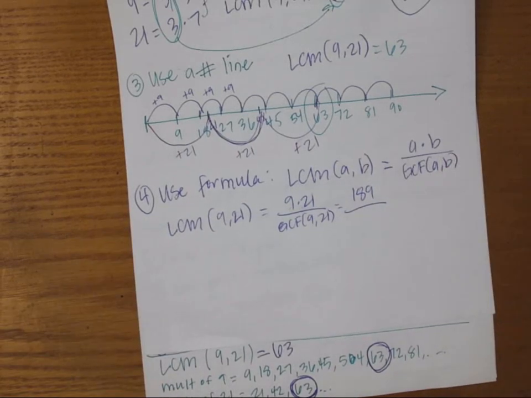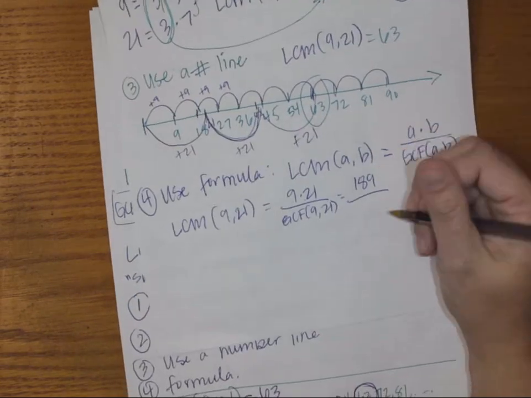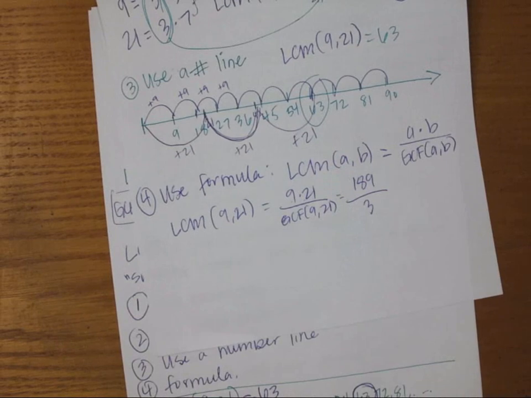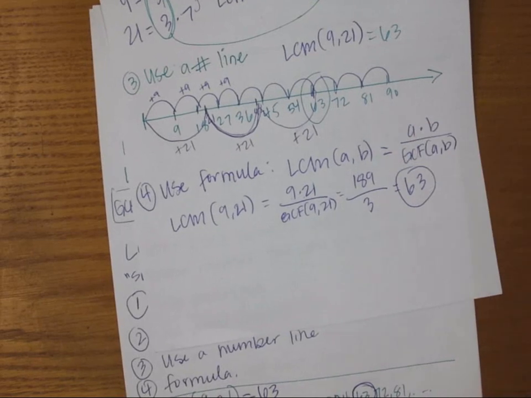My greatest common factor of 9 and 21, I did a minute ago when I was doing the prime factorization. The greatest common factor is 3. So 189 divided by 3 is 63, which is the least common multiple.